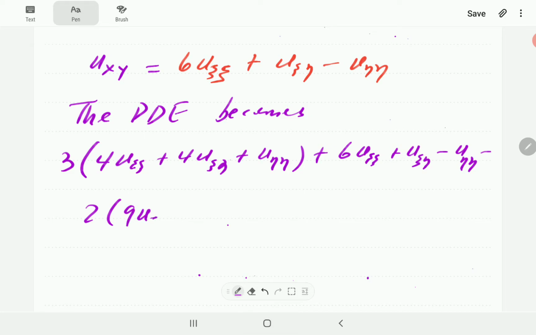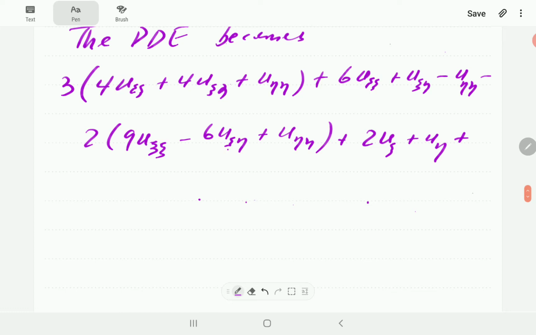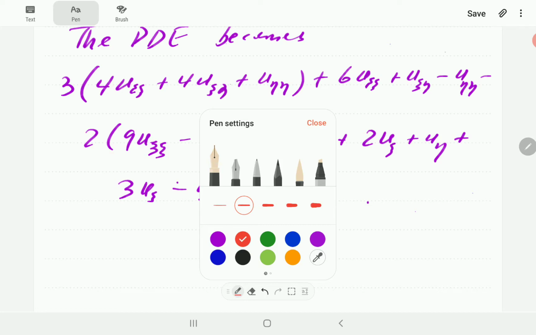So that one was 9u xi xi minus 6u xi eta plus u eta eta. Then we have got ux, which is 2u xi plus u eta. Uy is 3u xi minus u eta. All right, then we collect terms.